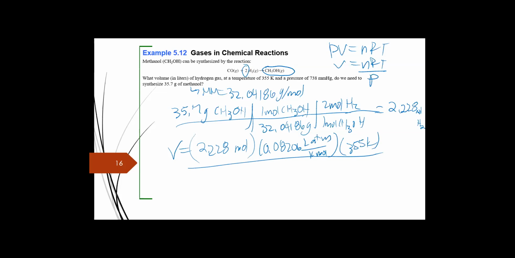Now I can't use that yet because I have to first convert that into atmospheres. So 738 millimeters of mercury times 1 atmosphere over 760 millimeters of mercury. That gives me 738 divided by 760, 0.971 atm.